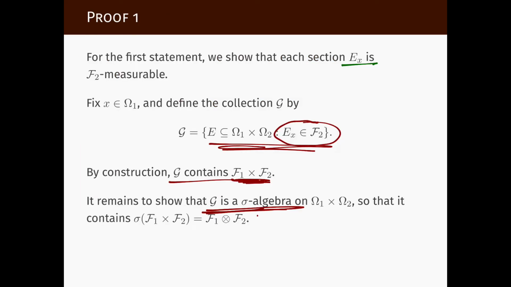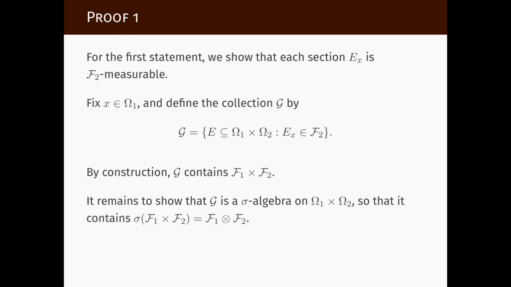And we did prove that, by defining a family of subsets of the Cartesian product with this property, and then we showed that this family is a sigma algebra. And because it contains rectangles, it would also contain the sigma algebra generated by rectangles, which is the sigma algebra we want.